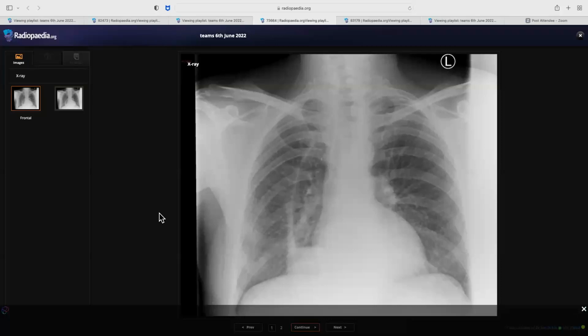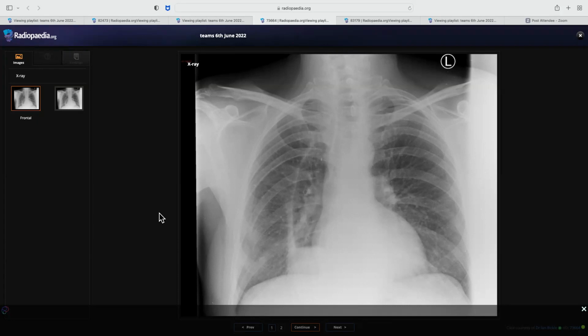Can you show me the opacity? This is a rounded density, in the right cardiophrenic angle. Both hila are normal. The diaphragmatic shadow is normal.